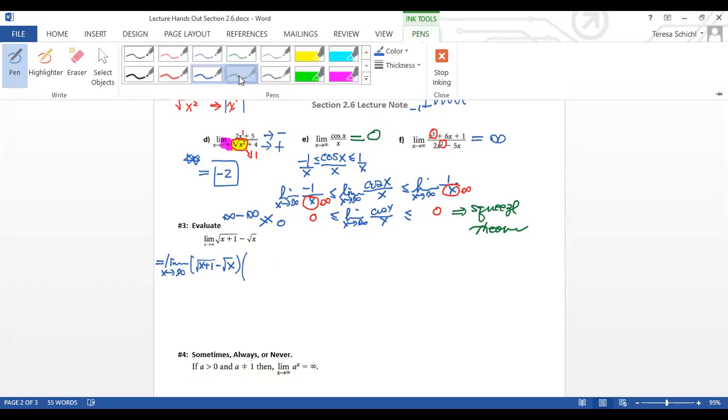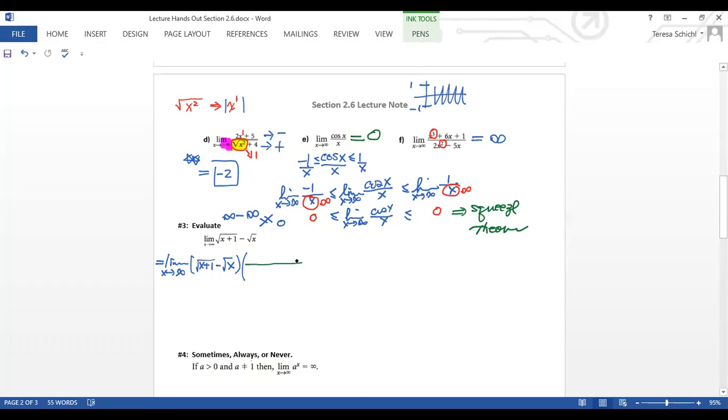So remember, what is the conjugate? The conjugate is just you change the plus sign to the minus sign or the minus sign to the plus sign here. And you cannot just times it. So I need to do this. So basically I'm multiplying by 1. So I did not change anything, right?